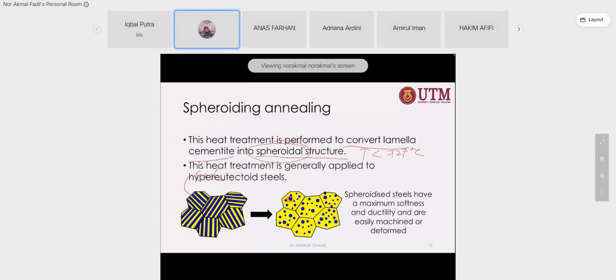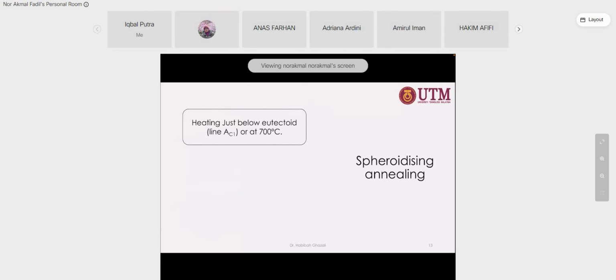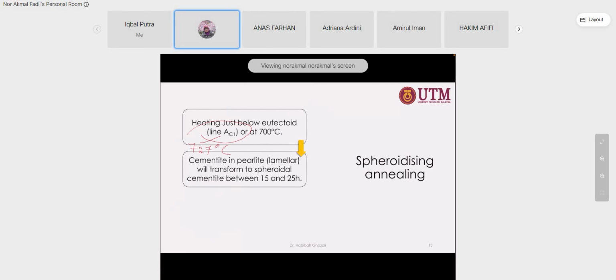This heat treatment is generally applied to hypereutectoid steel. The temperature is just below the AC1 line, which is 727 degrees Celsius. The cementite in pearlite, which is in the lamella structure, will transform into spheroidal cementite in between 15 to 25 hours.